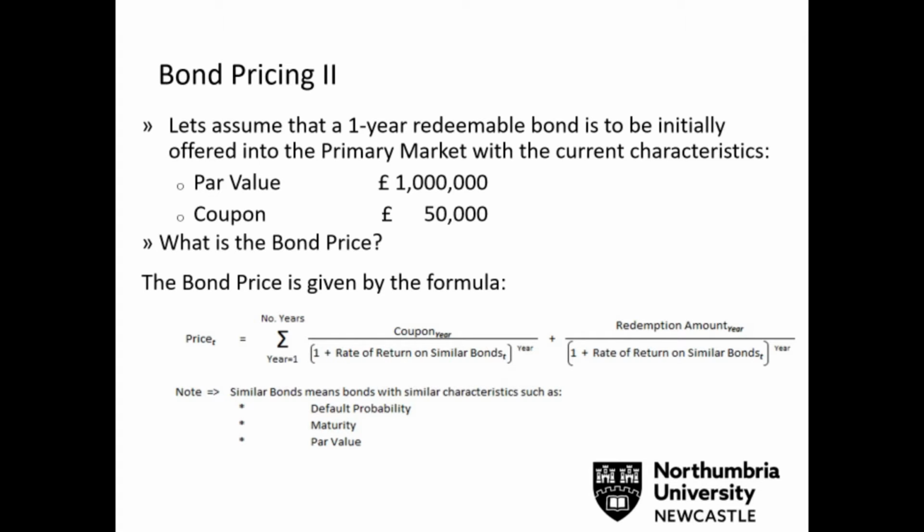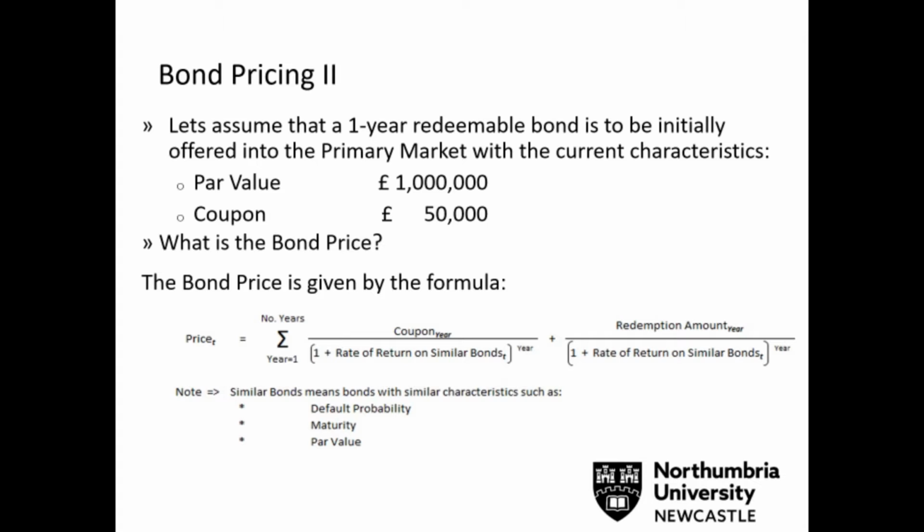If we look at the formula at the bottom half, the first part of the formula to the left is the coupon payment discounted back to time 0. The second part of the formula is plus the redemption, the par value, discounted by the yield to maturity, again discounted back to today.